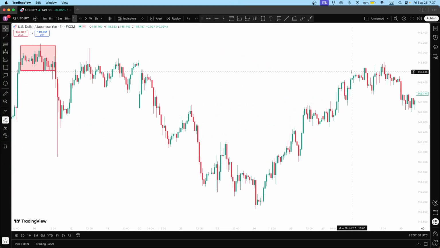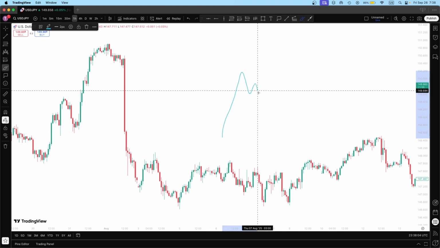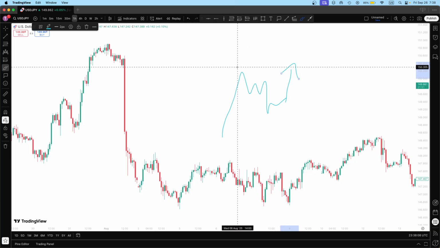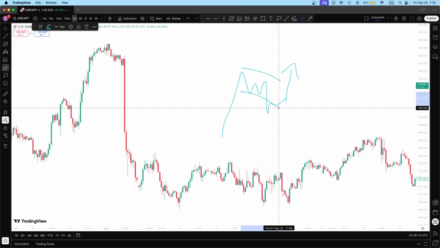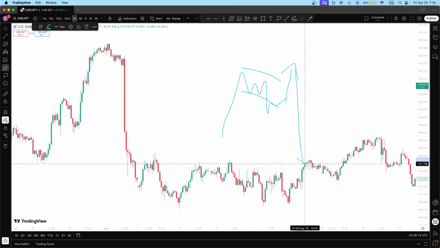So the market doesn't always have to do what you expect. If the flag happens, the market has to go up? No. When the flag happens, bullish or bearish flag, the market can always drop back down.